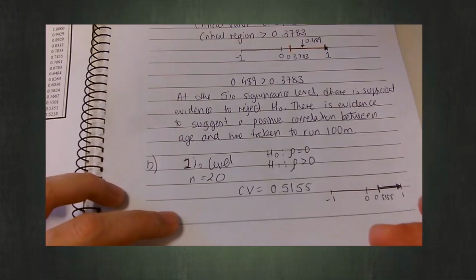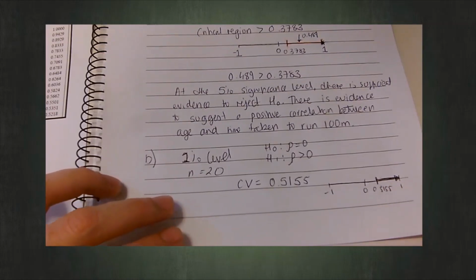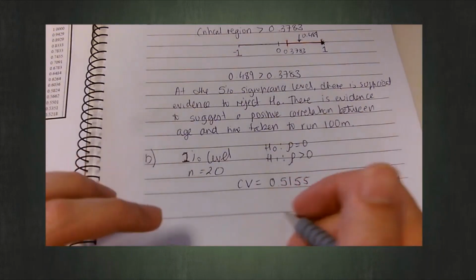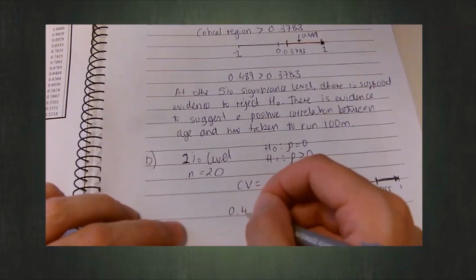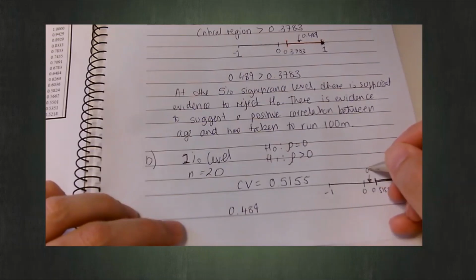One-tailed, if you remember from year 12, means testing one end of the probability scale. So the critical region is everything to the right of 0.5155. Our test statistic, however, 0.489, is now not in the critical region. It's outside of it, just outside of it.